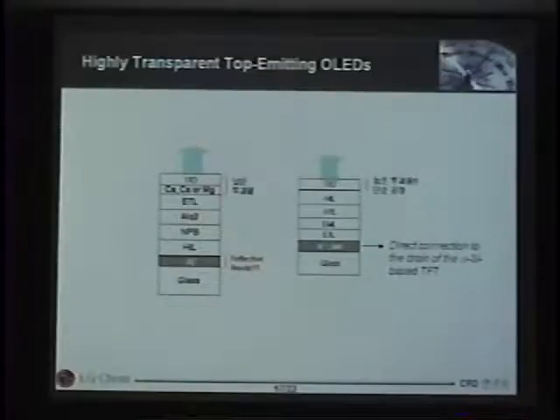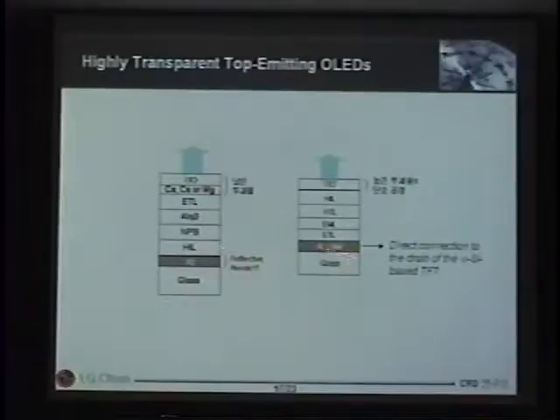And people believe that if you deposit lithium fluoride followed by aluminum, then high energy aluminum dissociates the lithium fluoride and generates the low work function lithium. And people thought that the low work function lithium acts as the injection material for the cathode, not aluminum or lithium fluoride itself.